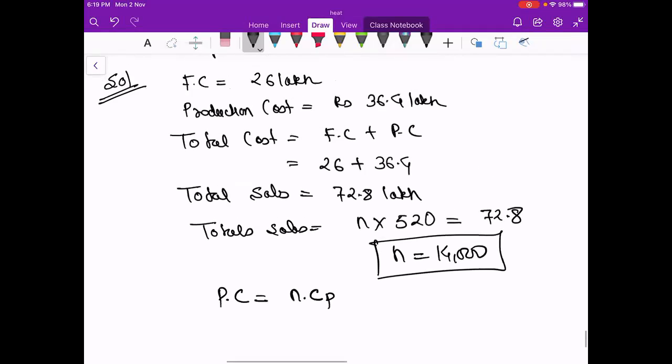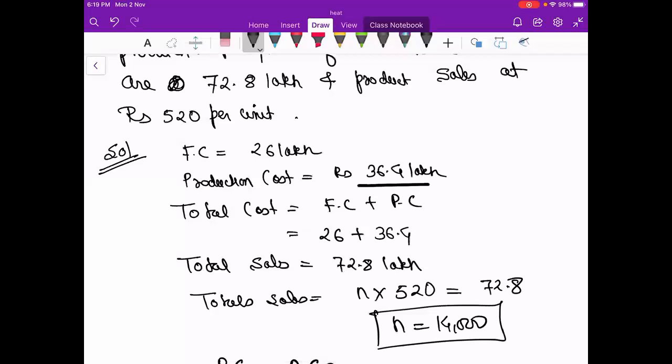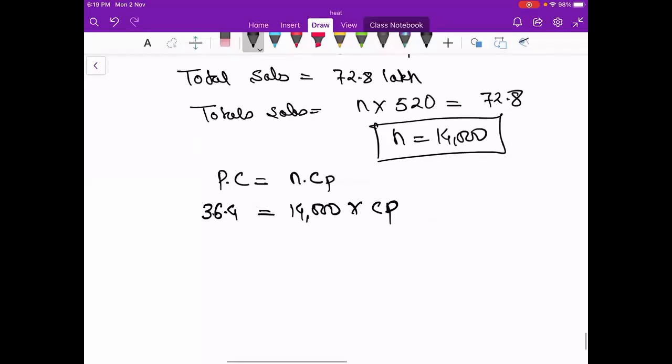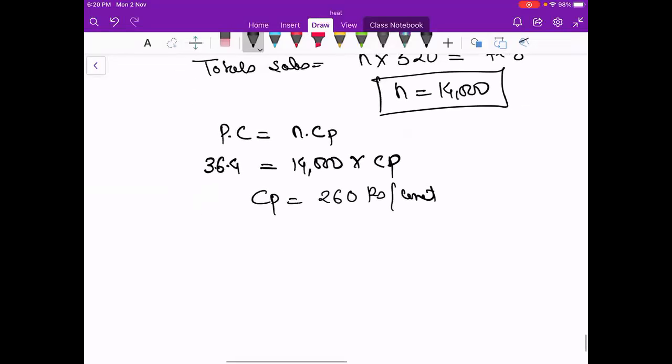The total production cost is given as 36.4, so 36.4 equals N, which we know is 14,000, into CP. Calculate CP. Yes, 260 rupees per unit.